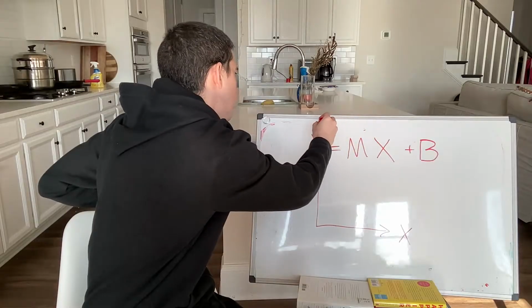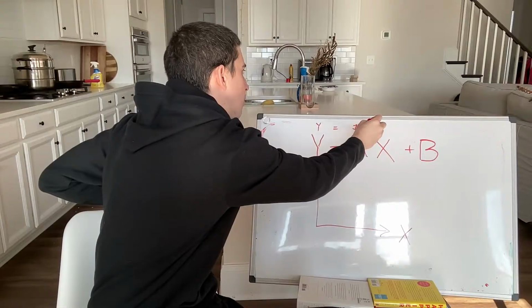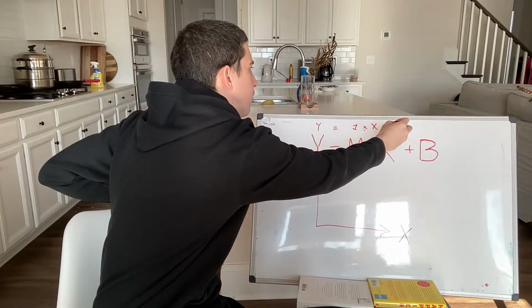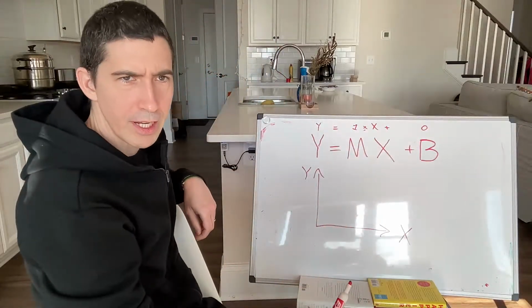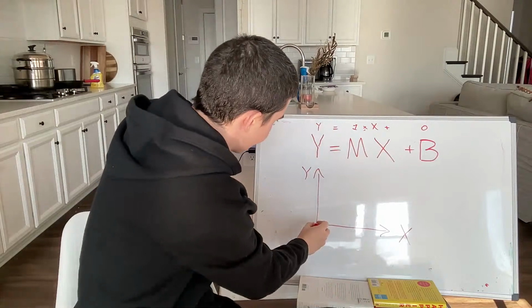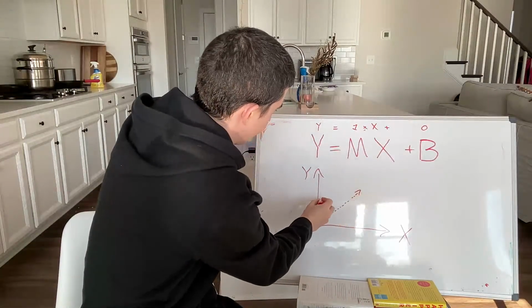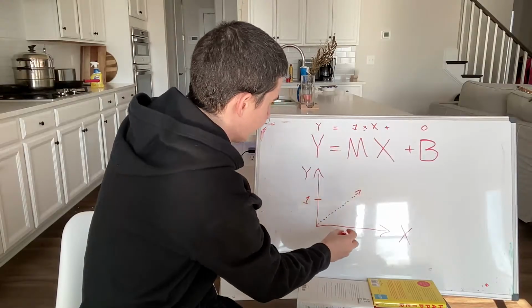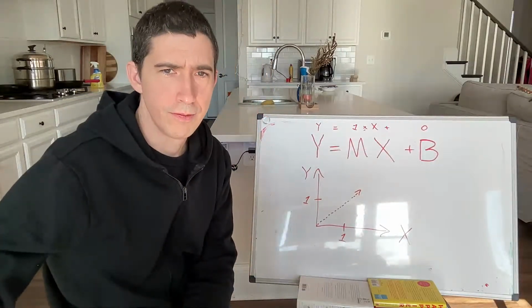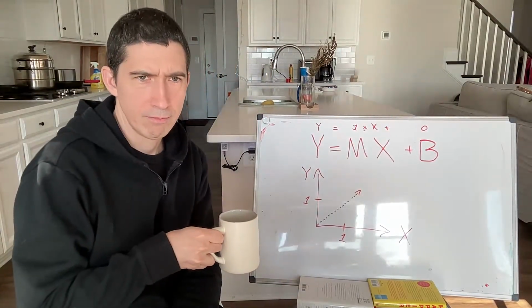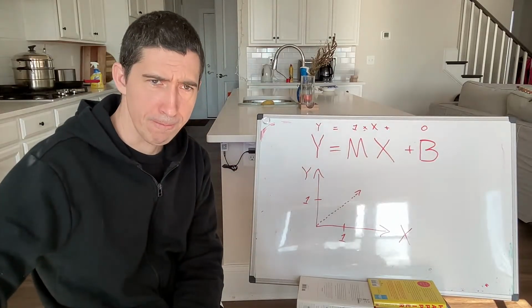So if you've got y equals 1 times x plus 0, you're just relating y to x. So if x equals 1, y equals 1. Really straightforward. Okay.